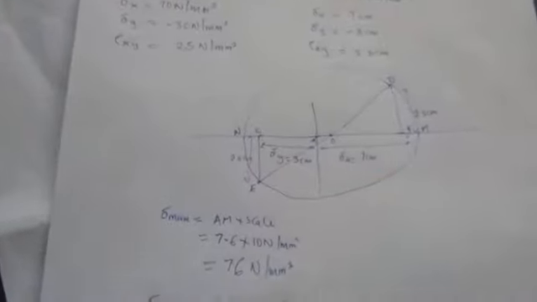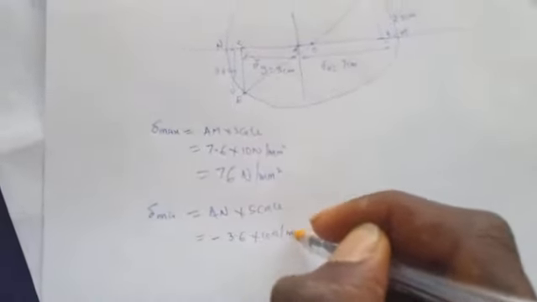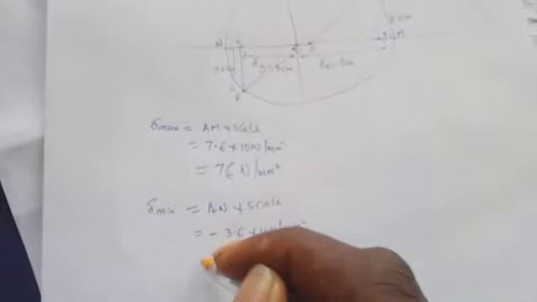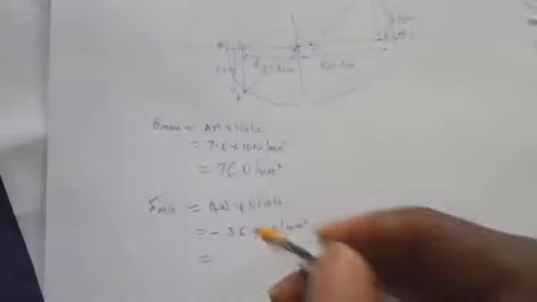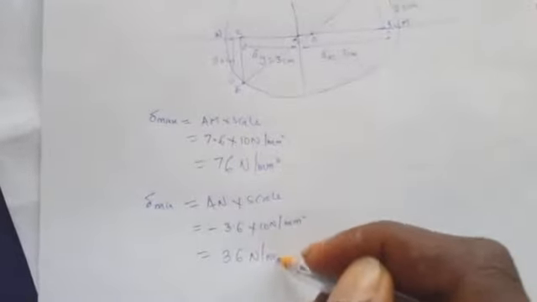If I measure AN, I get negative 3.6 times 10 Newton per millimeter squared. That gives me negative 36 Newton per millimeter squared. So I've been able to derive my principal stresses using the Mohr circle.